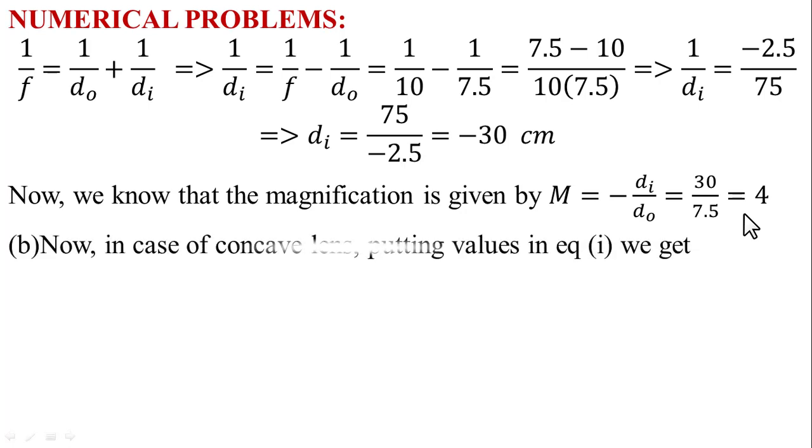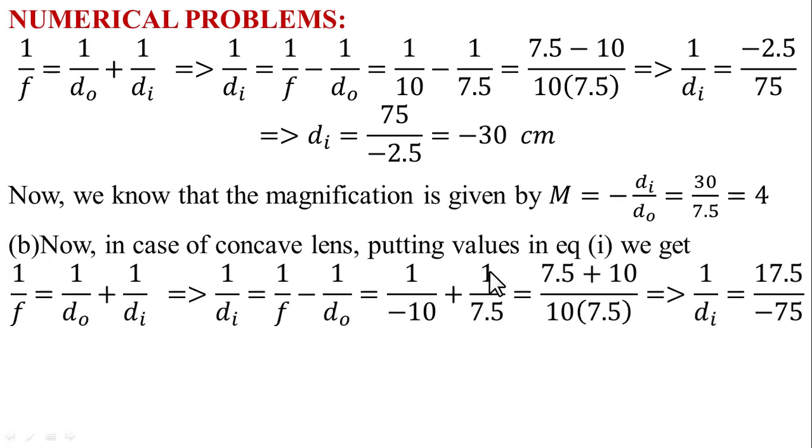Now in part B, in the case of concave lens, first we get the distance of the image. Now 1 upon f is equal to 1 upon d naught plus 1 upon di. This implies that 1 upon di is equal to 1 upon f minus 1 upon d naught, that is equal to 1 upon minus 10 minus 1 upon 7.5, that is minus 7.5 plus 10 divided by 10 multiplied by 7.5.